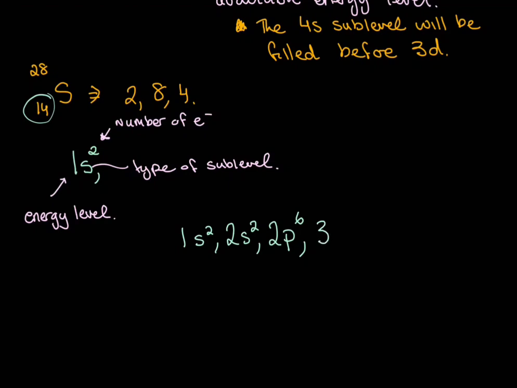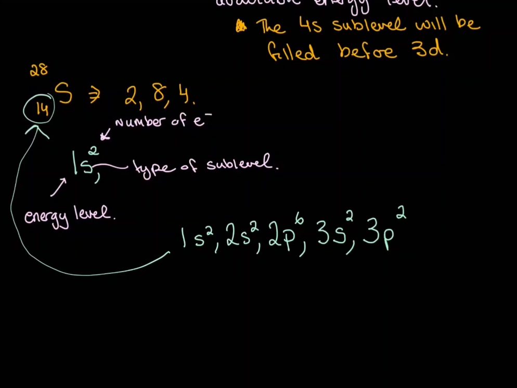I'm going to go with 3s2 because I can't put 4 in there. And then the last one is 3p2. Double check. 2 plus 2 plus 6 plus 2 plus 2, 14, which is our atomic number.